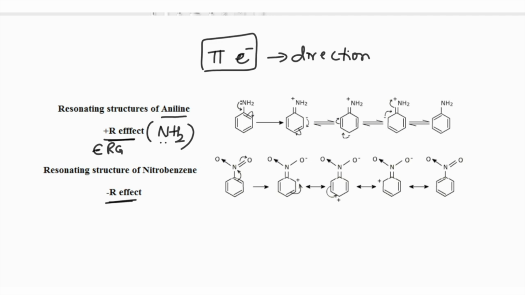What does an electron releasing group do? It transfers electrons from its lone pair. The lone pair is transferred from nitrogen onto the benzene ring, and since the benzene ring has alternate pi electrons, as you can see here, 1, 2, 3, there are 3 pi bonds present in the benzene ring, so we see alternate shifting of pi electrons.